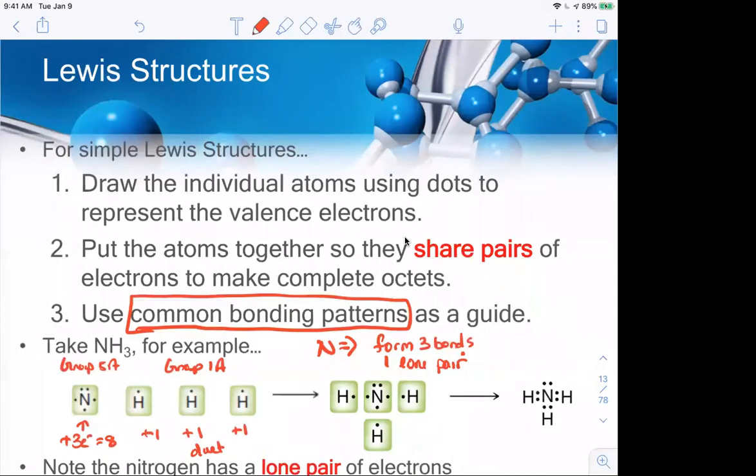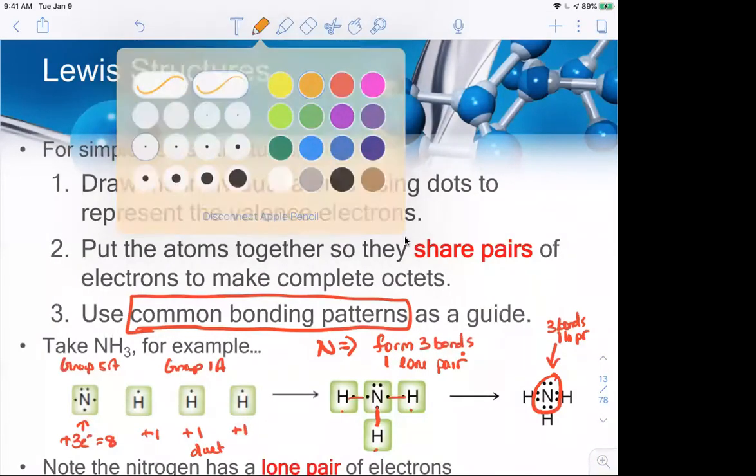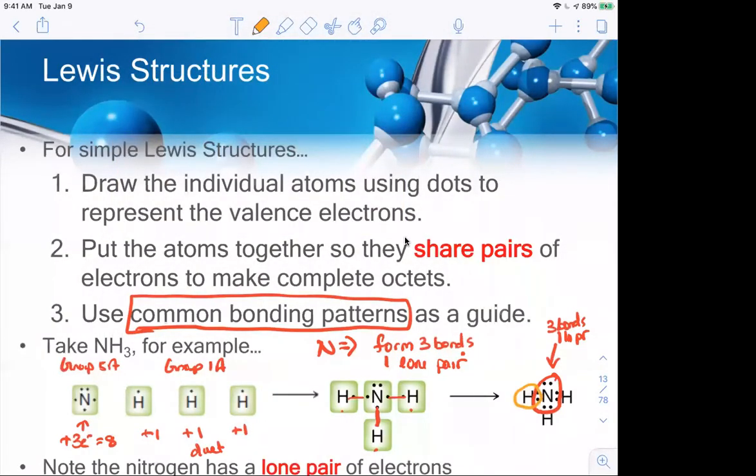So if I stack these hydrogens around the nitrogen, and then I literally just connect the dots, what I get is here, and notice I have 3 bonds and 1 lone pair. My nitrogen has an octet, and then each of my hydrogens has a duet.